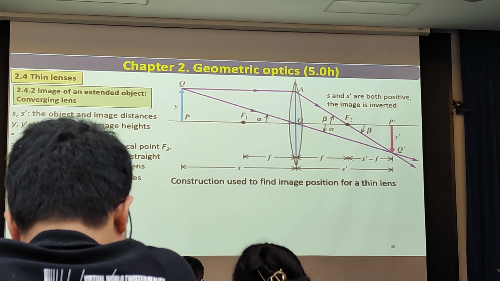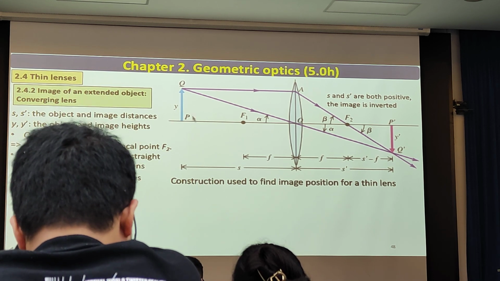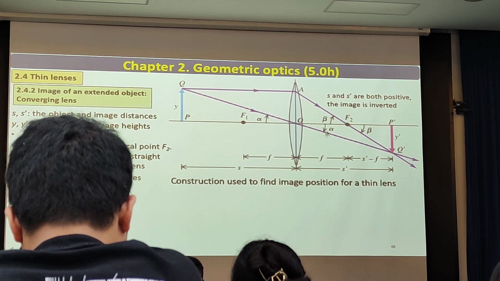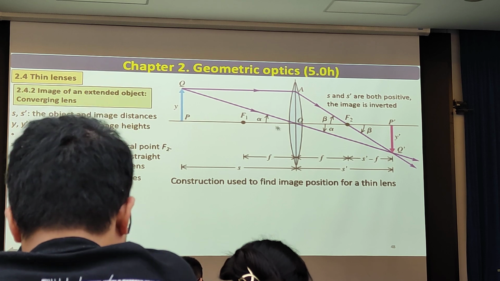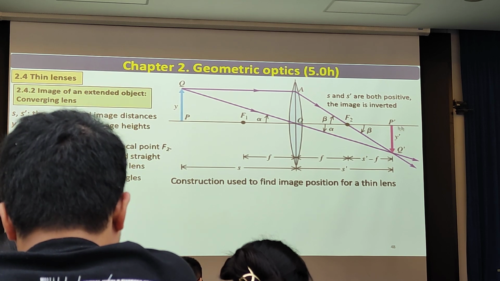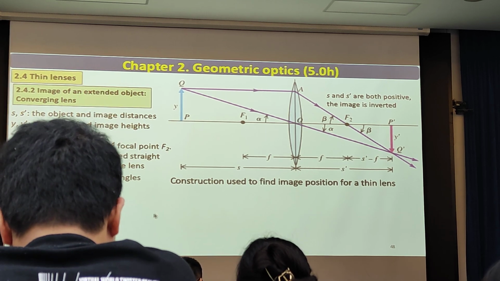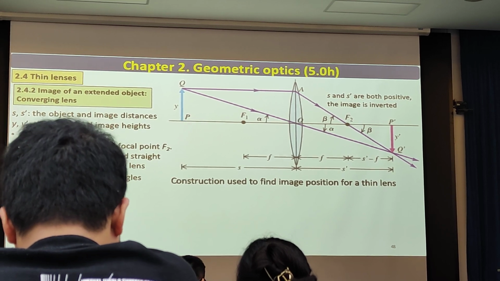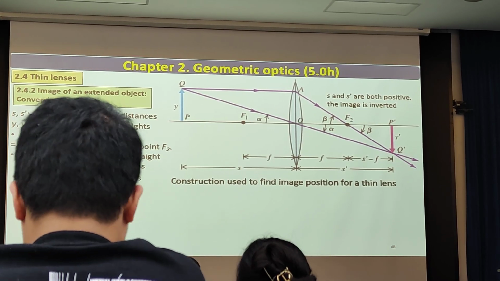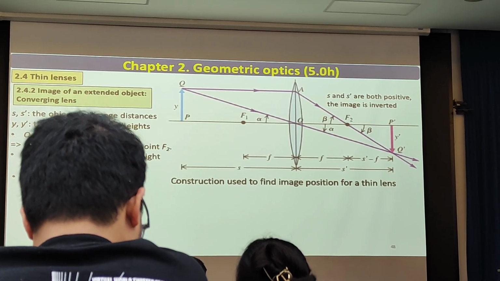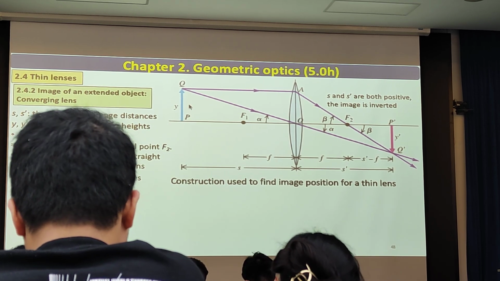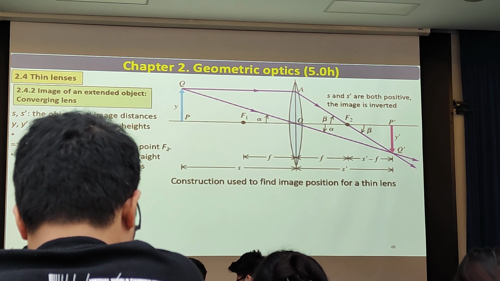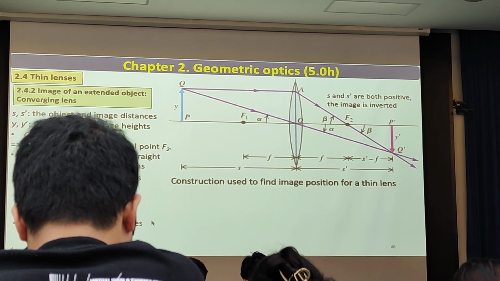So you have PQ over P prime Q prime equals PO over P prime O, right? So you get Y prime over Y equals minus S prime over S. The reason we have the minus sign here is that Y prime and Y are in opposite directions. That's why you have the negative symbol here.